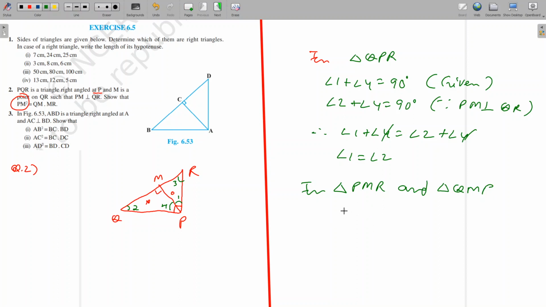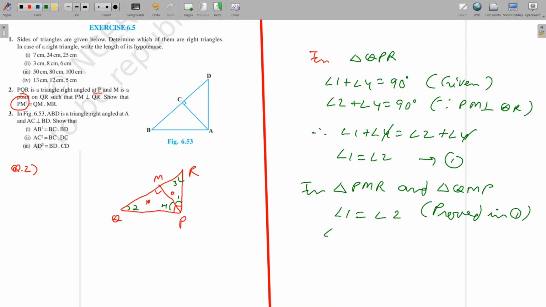We can prove very easily that the two triangles are similar. Angle P is nothing but angle 1. Angle P should be equal to angle Q, angle 2, and it is already so because angle 1 is equal to angle 2, proved in 1.